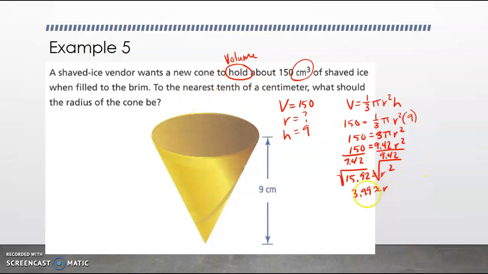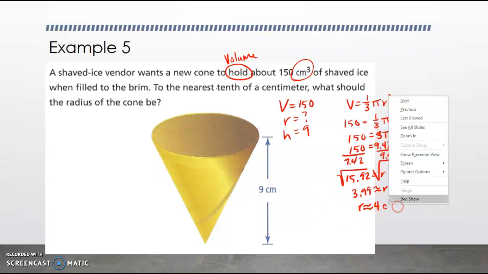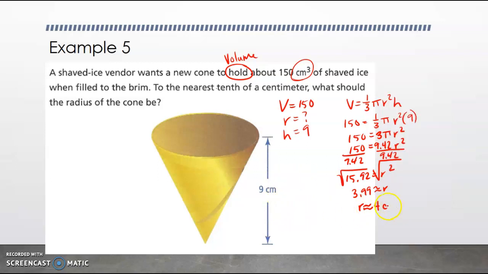If I take that 9 and round to the nearest tenth, that would make that a 10, so our radius has to be approximately 4 centimeters. Now, because it's a radius, it doesn't get the cubed, because it's a one-dimensional shape. Only volume gets the centimeters cubed. Once we go back to radius, or if we were looking for the height, then it's just centimeters.